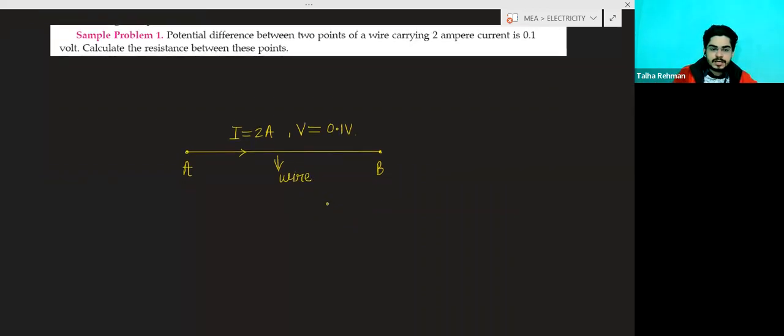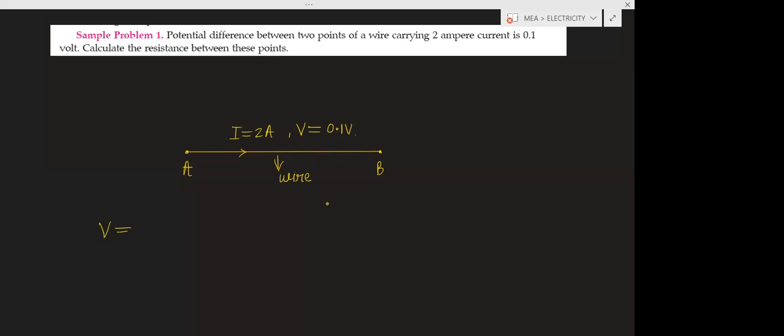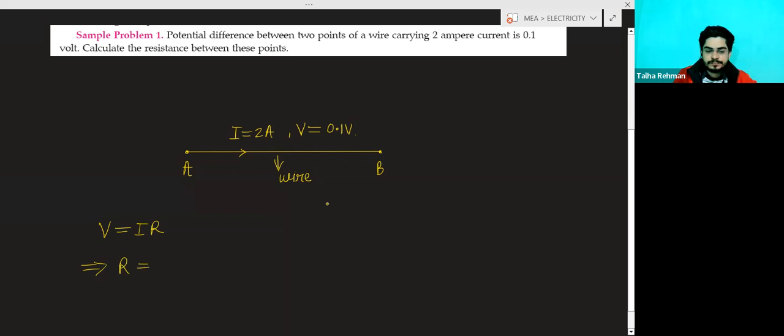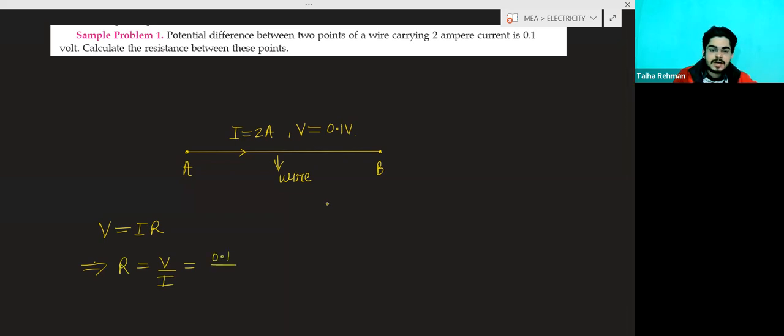Apply V is equal to IR. Sir, resistance is equal to 1 by 20. Okay, V is equal to IR, so from here you will get resistance: R is equal to V upon I. V is 0.1 and I is 2. So when you remove this point, you will get 1 divided by 20 ohm.